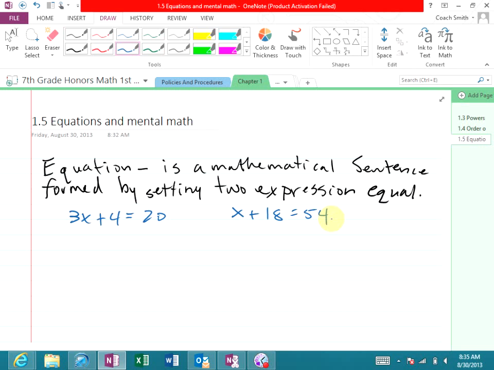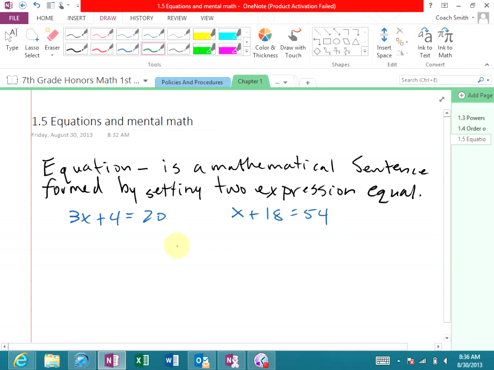Now, eventually, obviously, you're going to get into some equations that are going to be very, very complex. Won't be this year. We'll get into some pretty difficult ones, but it won't be the real complex ones that you'll see once you get to algebra, algebra 2, pre-calc, calculus, subjects like that. But for now, that's an example of an equation. This is not an equation.